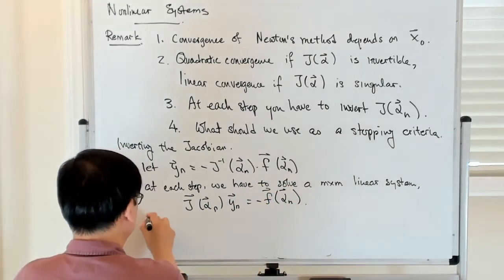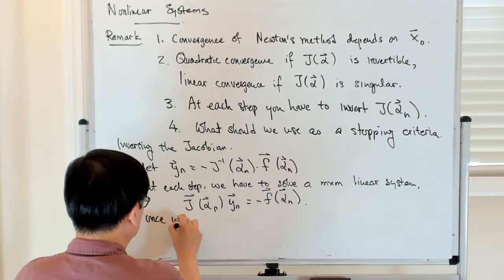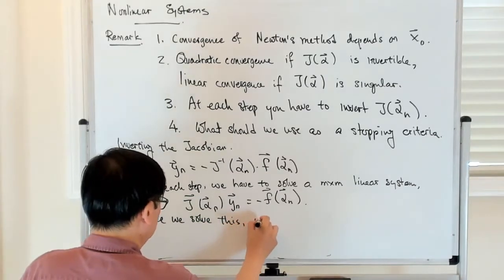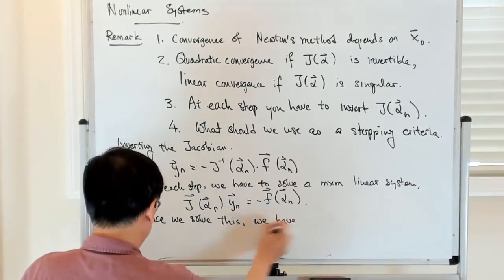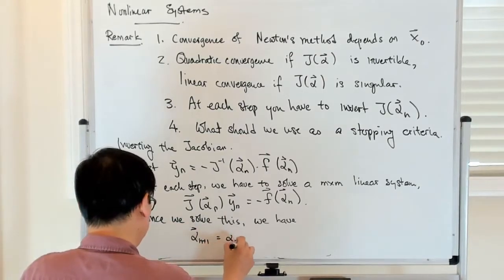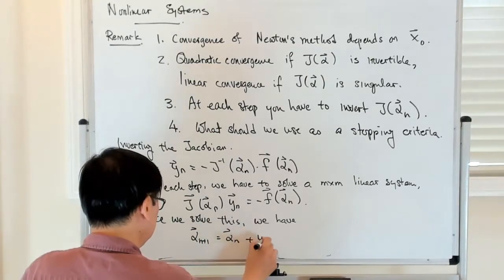And then once we solve this, we have that alpha n plus 1 is equal to alpha n plus y n.